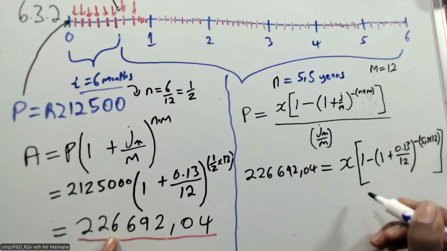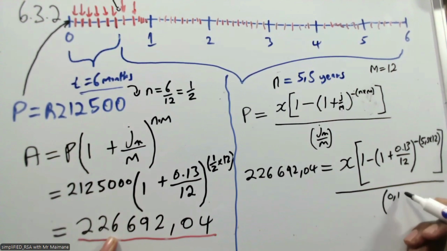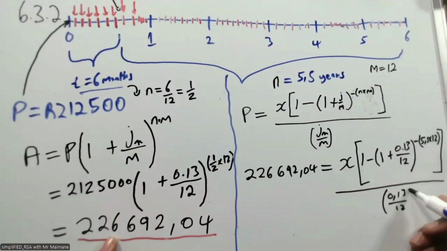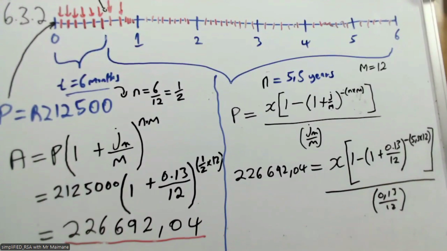Like that. This all over 0.13 divided by 12. And then from here, we just have to solve for the value of X.